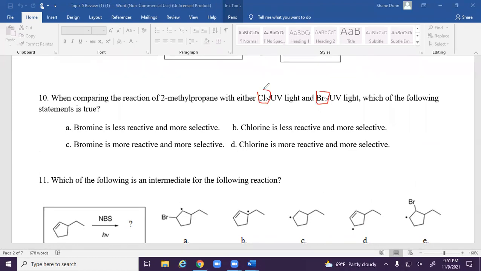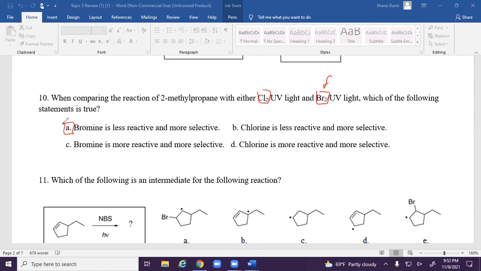So bromine has to be more selective about where it attacks. Since it's bigger, it has a harder time attacking molecules, so it has to be more selective on how and where it attacks. Does this make sense? Yep. Cool.